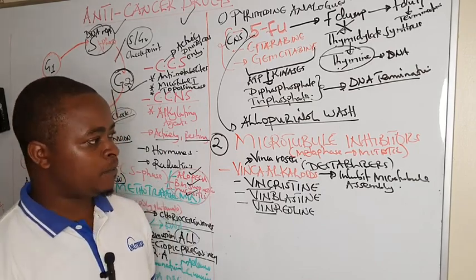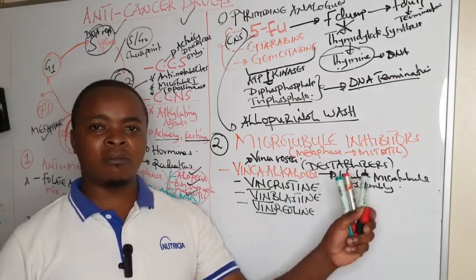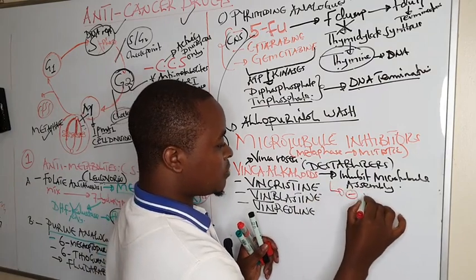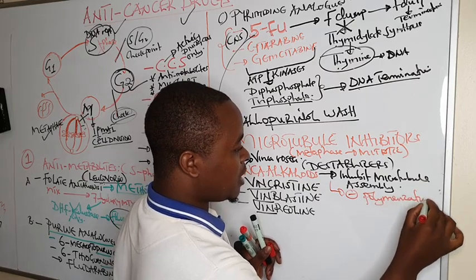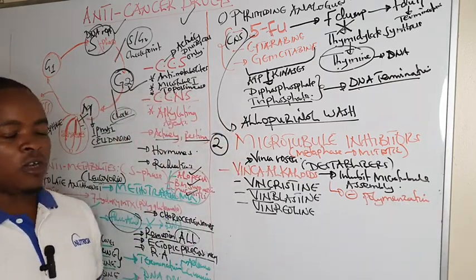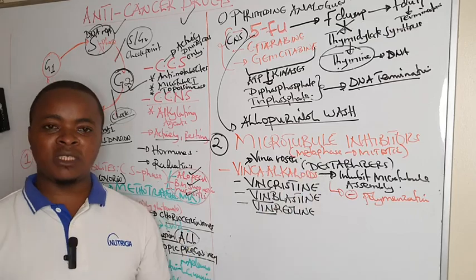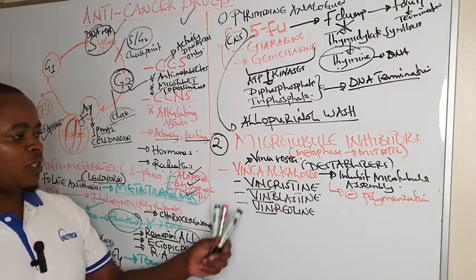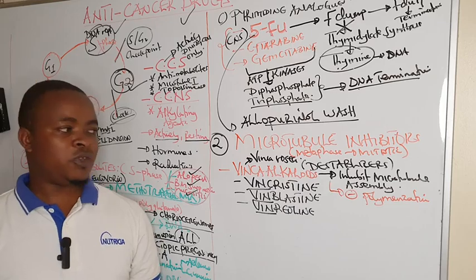That's why it is a microtubule destabilizer, inhibiting polymerization of the tubules. And when it inhibits polymerization, they are not able to form functional microtubules responsible for pulling the sister chromatids to the opposite poles. That is what vincristine, vinblastine, and vinorelbine are doing.